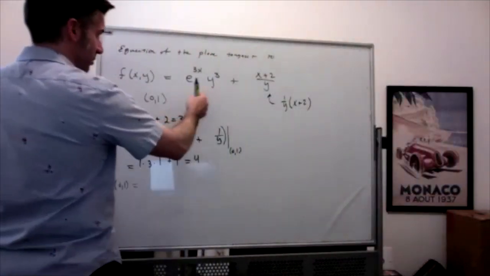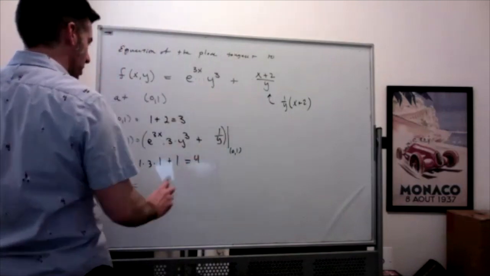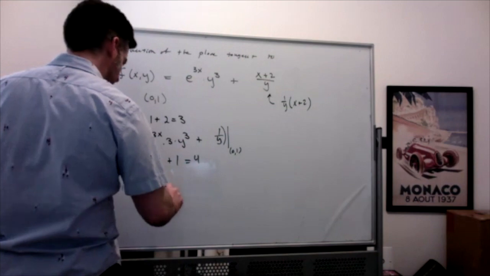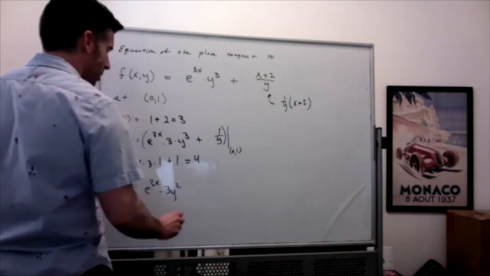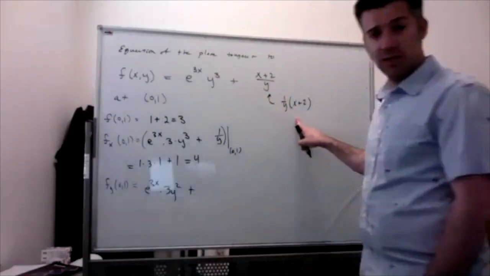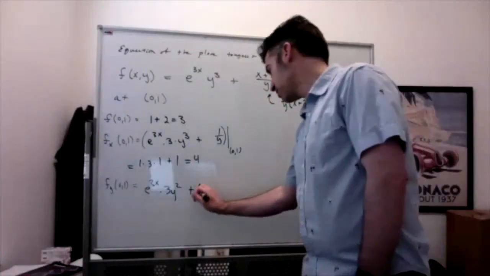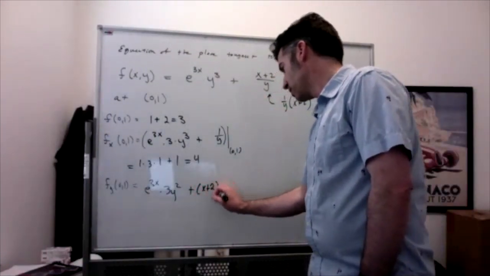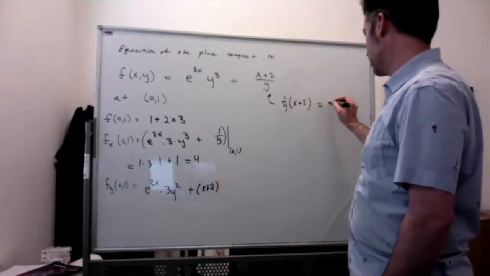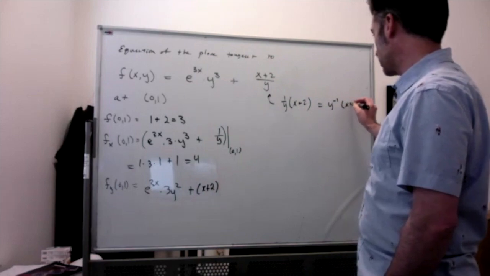So f sub y, take the partial with respect to y, the derivative of this is going to be e to the 3x times 3y squared plus, now for this, the x plus 2 is the constant. And the derivative of 1 over y, or if you prefer, this is y to the negative first times x plus 2.